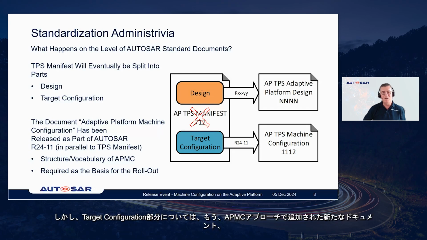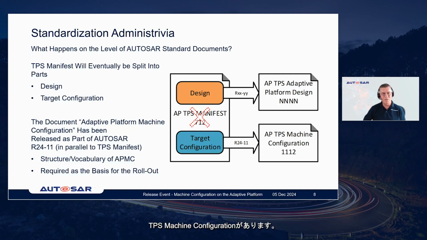But the target configuration at least has now a new corresponding document which represents the APMC approach. And the plan is to finally, in the end, phase out the TPS manifest and take the design part also into a different document, which has to be defined at some point. At the moment, there is nothing concrete available for this.